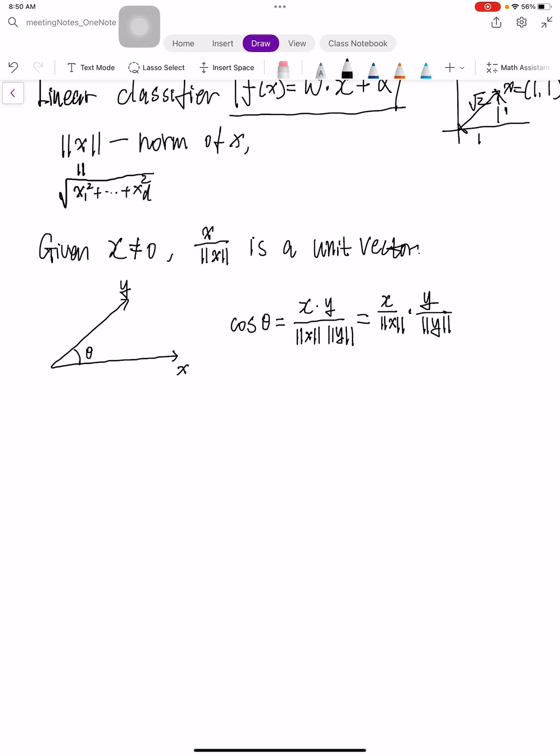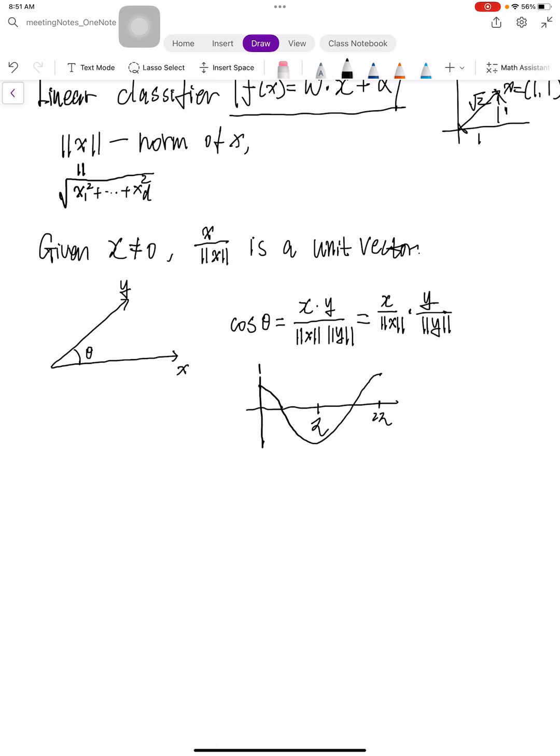For example, remember the cosine function: if this is 2 pi, this is pi, the cosine function looks like this, right?